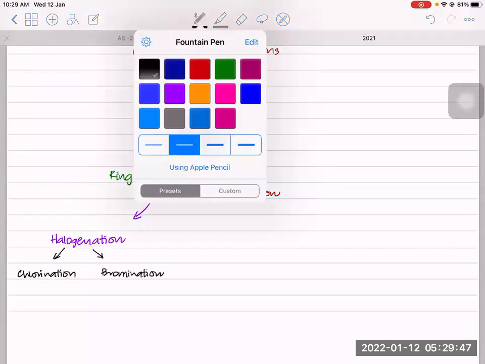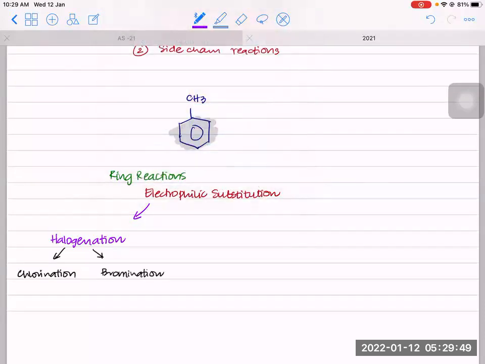Then there will be nitration. In benzene, we saw mononitration and dinitration. In methyl benzene, you will have mononitration and you will have trinitration.